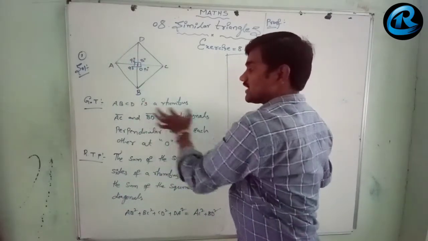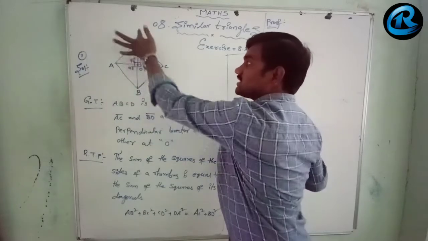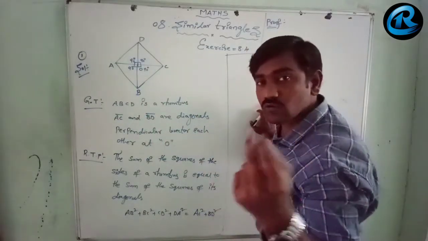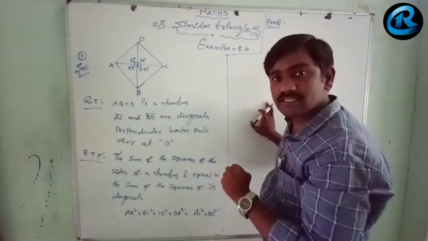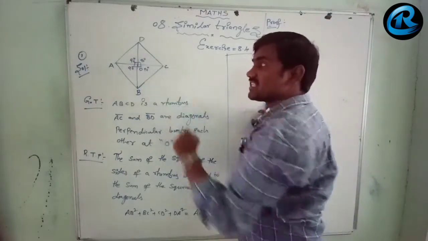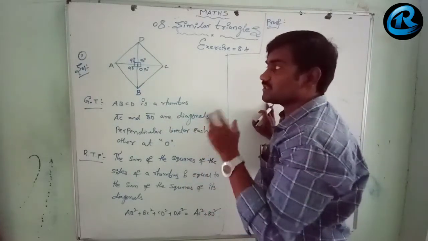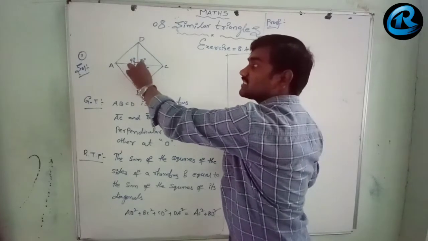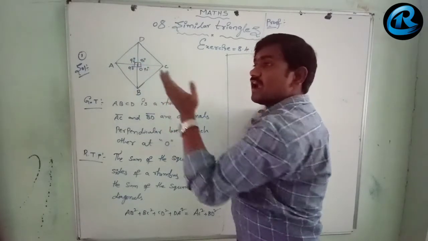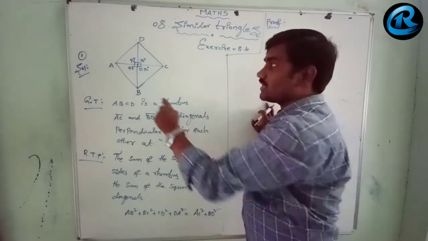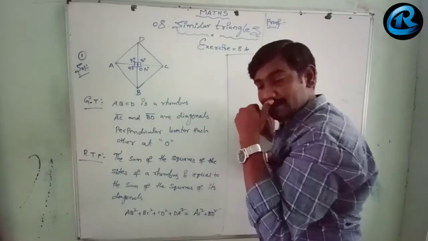What are the sides of this rhombus? Here ABCD is a rhombus, and AC and BD are the two diagonals of this rhombus ABCD, which are perpendicular bisectors of each other. Perpendicular bisect in the sense they intersect each other at half of their total length and also at an angle of 90 degrees.